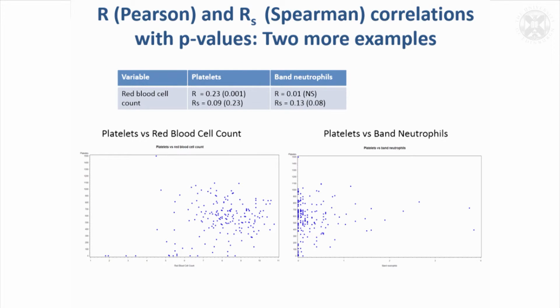These plots, if you did a histogram, you would see it more clearly, but you can see it's not really a very symmetrical distribution. There are quite a few odd, low outlying values for the one on the bottom, which is red blood cell count. And the same thing happens when red blood cell count is correlated with band neutrophils. The correlation coefficients are quite different, and in fact the Spearman one is almost significantly positive.